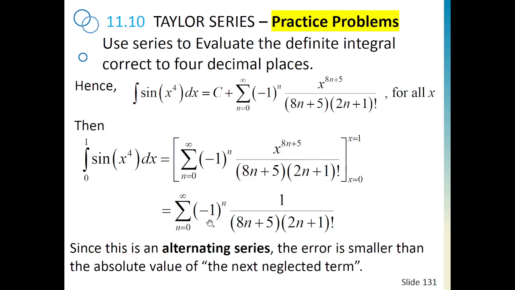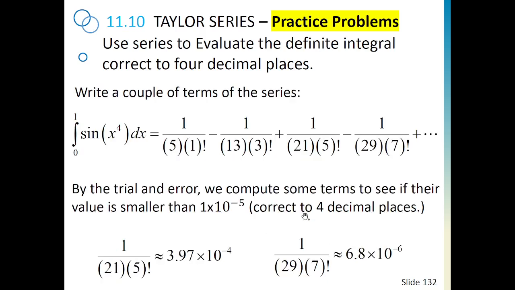Again, this is an alternating series, and we know the error estimate is the next neglected term. So I will expand this expression a little bit to figure out how many terms I need to keep to get an approximation, and which term will be the estimate of the error.